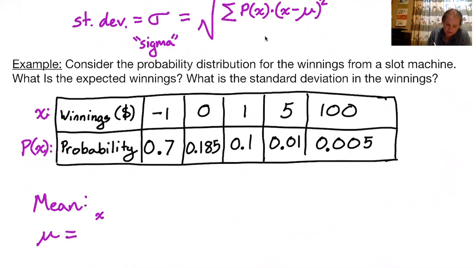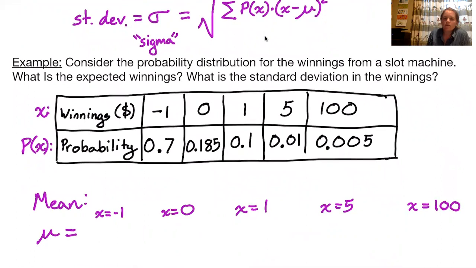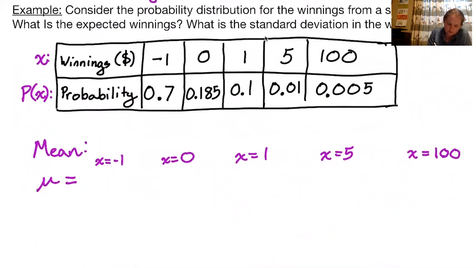So we have a data value of -1, X equals 0, X equals 1, X equals 5, and X equals 100. For each of those, we will do the data value times its probability. So -1 times its probability, and then we will add data value of 0 times its probability, 0.185.